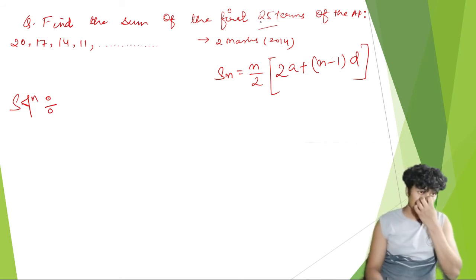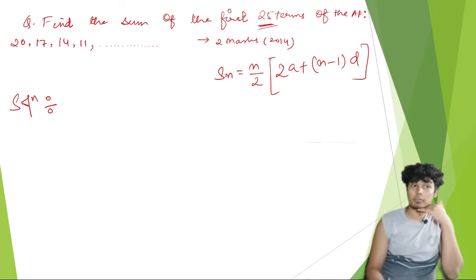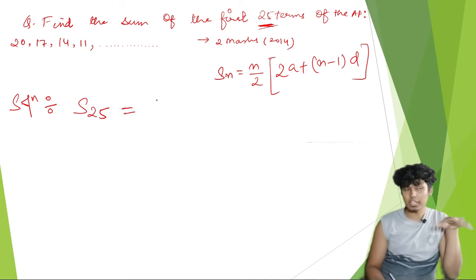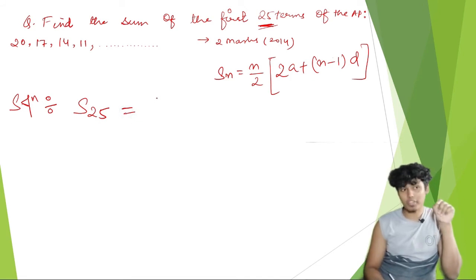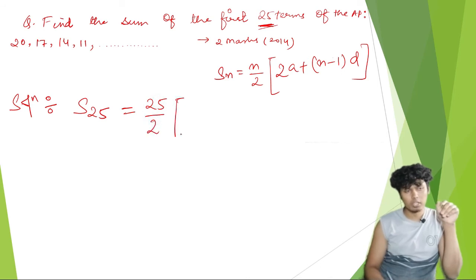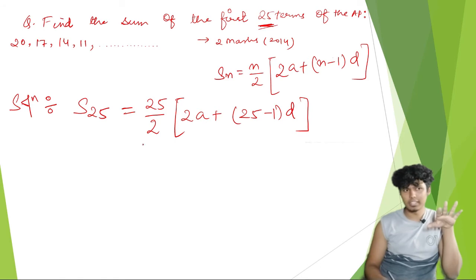They are asking us for the first 25 terms. That is, we need to find S25. Instead of n, you are going to put 25. So instead of n, put 25 divided by 2 into 2a plus, instead of n, (25 minus 1) d. Clear, right?